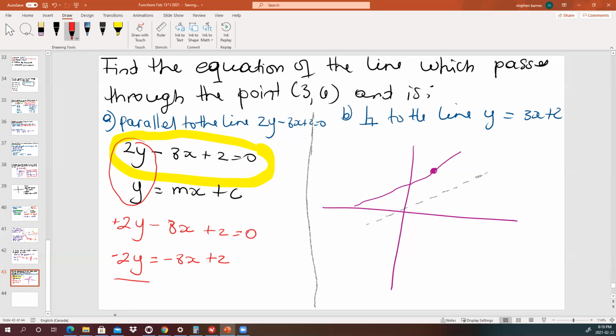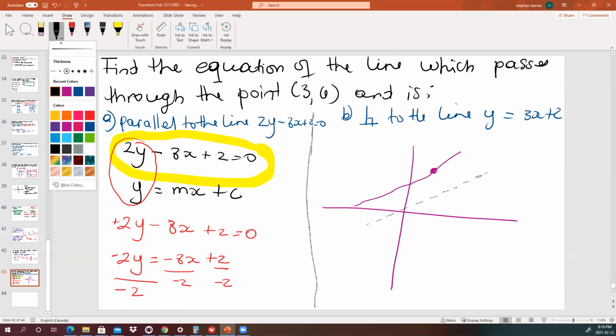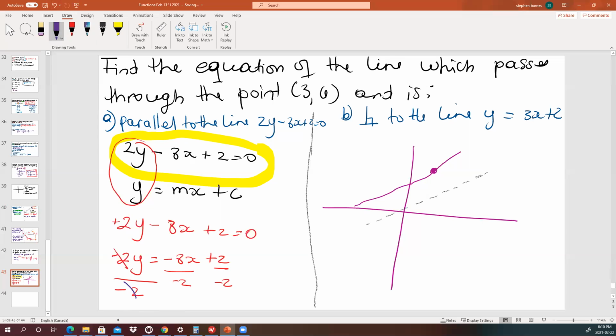And then I can divide through now by negative 2, negative 2, negative 2 to get the proper equation of the line. So that would be negative 2. That cancels that, so I'm left with y equals negative 2 going into negative 8 to give you 4, so you're left with 4x, and negative 2 goes into 2 to give you negative 1.